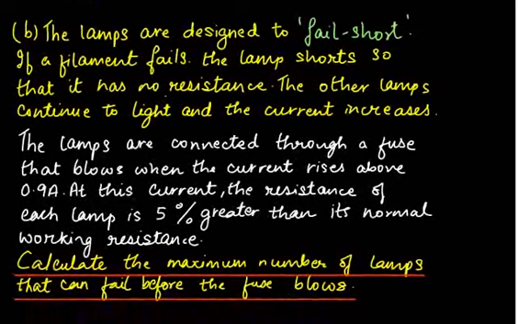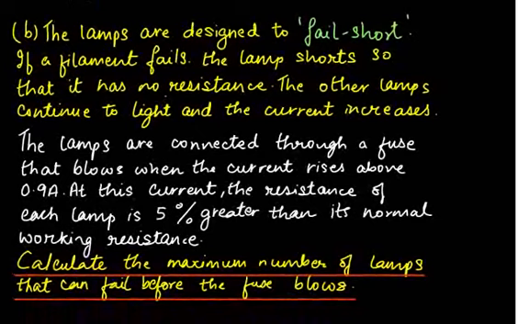Now, as they have told you that the lamps are connected through a fuse that blows when the current rises above 0.9 amps, that is, 0.9 amps is the maximum current that can pass through the circuit without blowing the fuse. So when the current is 0.9 amps, at this current the resistance of each lamp is 5% greater than its normal working resistance.